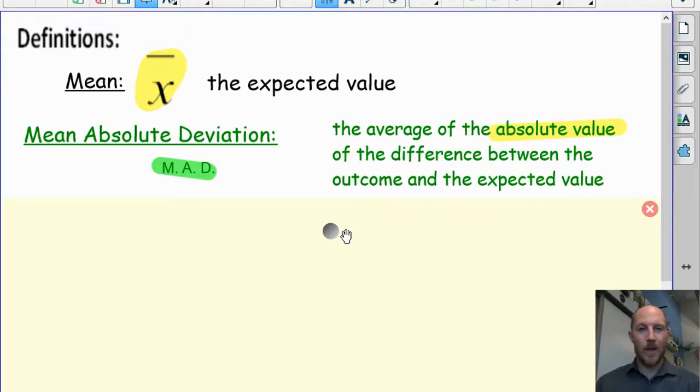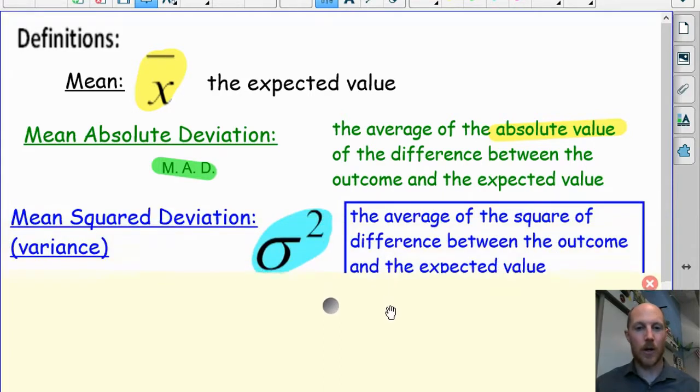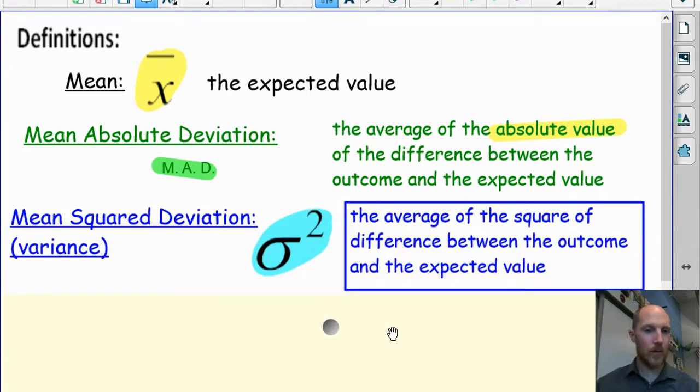Okay, so this sounds like a great idea, and it works, it does its job. But there's a lot of things that you can't do with a mean absolute deviation, and so statisticians really don't use it very often because it has these drawbacks. And so instead, another option to guarantee that we always have a positive distance is, instead of doing the absolute value of those differences, we could square each of those differences.